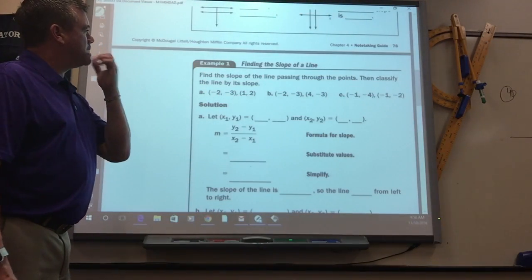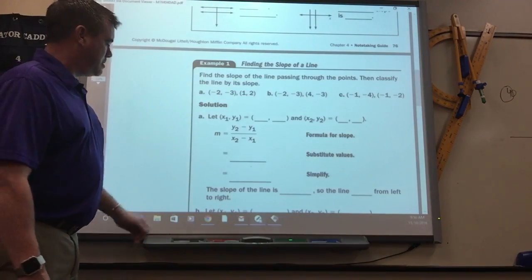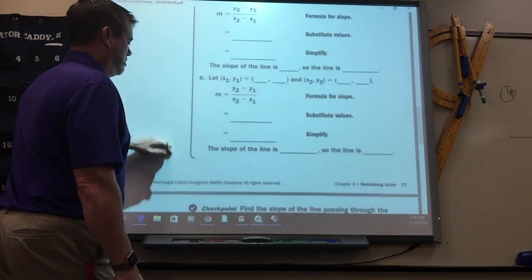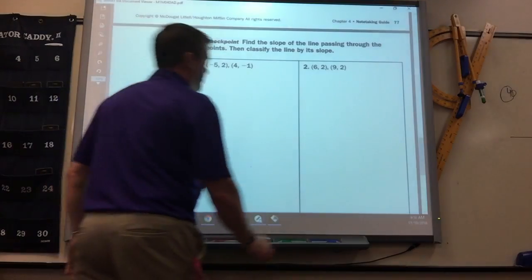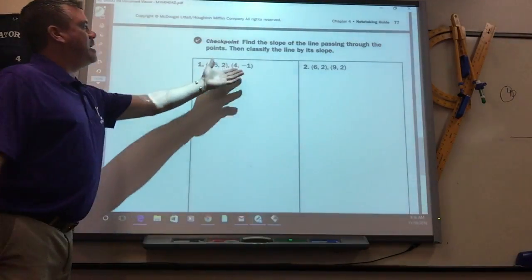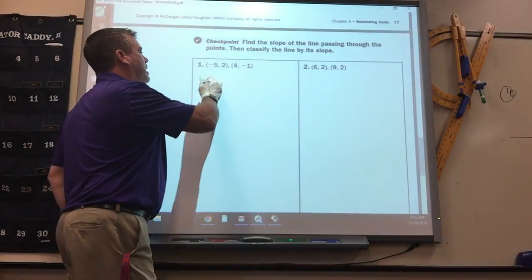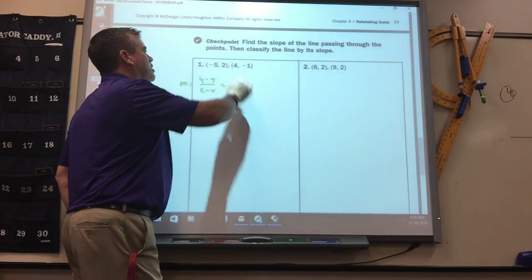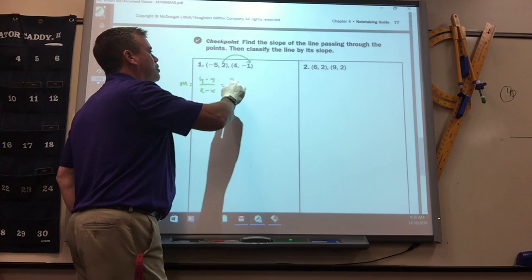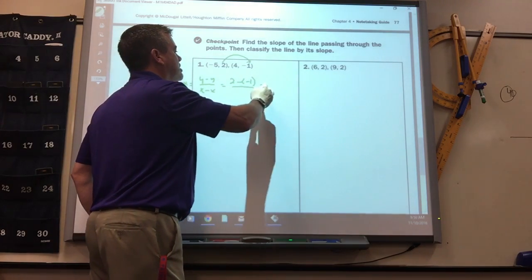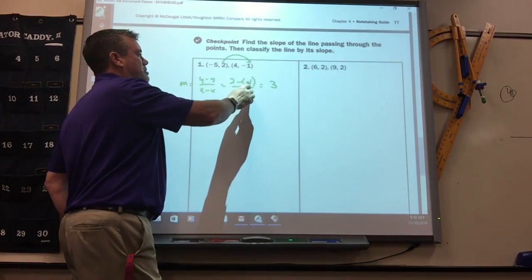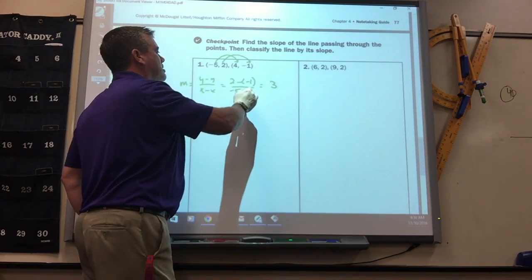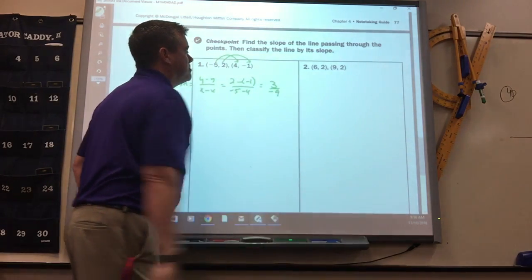Okay, so find the slope of the line passing through the points. You don't want to have to graph them. You just go y minus y over x minus x. So y minus y, 2 take away -1 is 3, because remember you got to change the sign. And x minus x is -9.